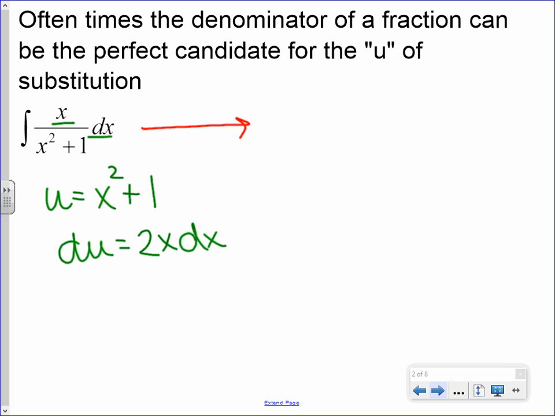So this means our antiderivative becomes 1/2 1 over u du.